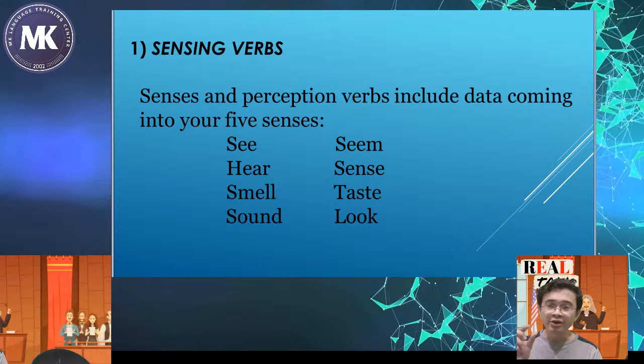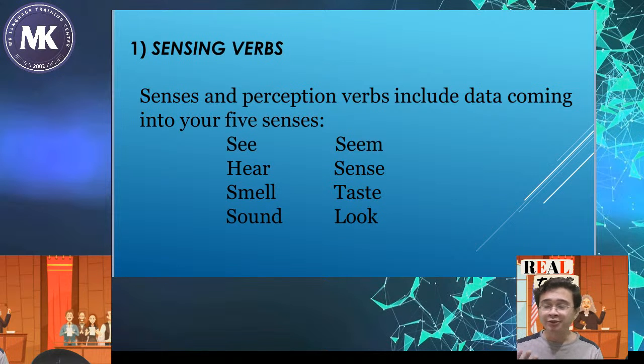Hear and sound both come from our sense of hearing. See, seem, and look come from our sense of seeing or sight. And taste comes from our sense of taste, using our tongue. As you notice, these verbs are connected with our five senses. But even though they're connected, as stative verbs they have their own meaning.